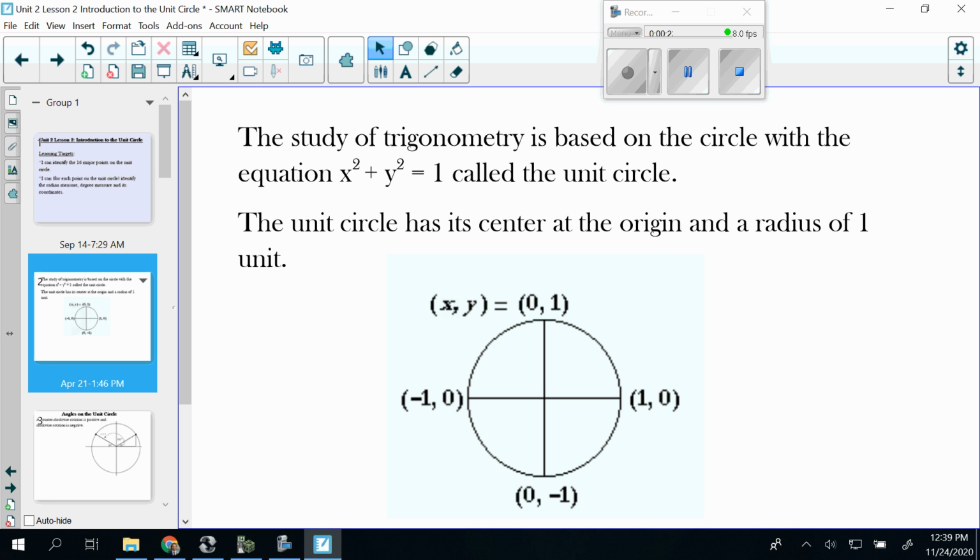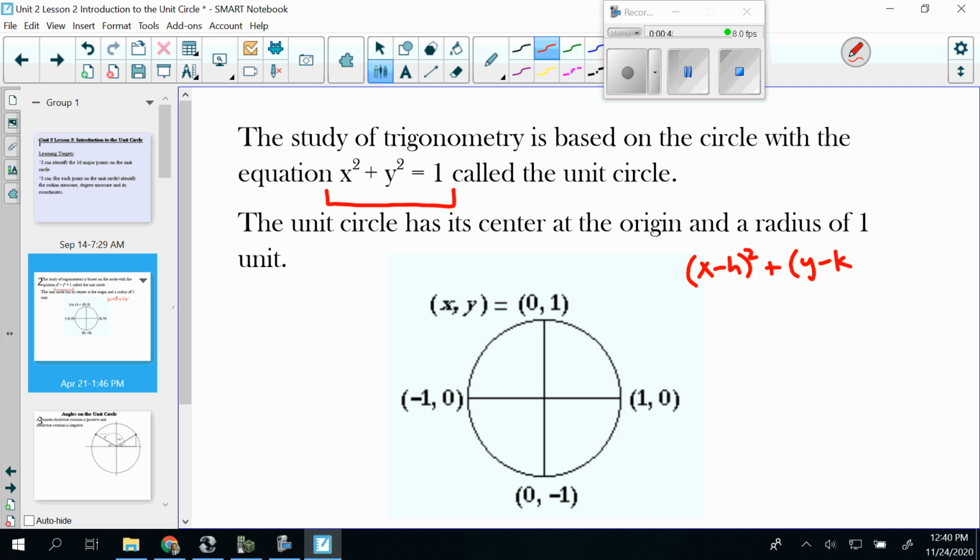It is the study of trigonometry based on a circle with the equation of x squared plus y squared equals 1. And that's called the unit circle. The reason is, if you remember back to the equation of circles that you've looked at previously, circles have this form to them.